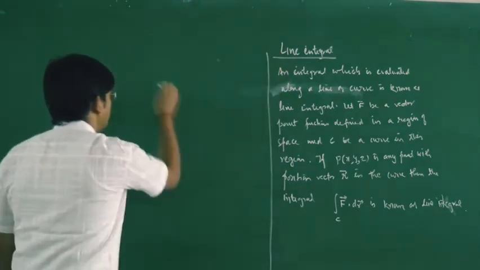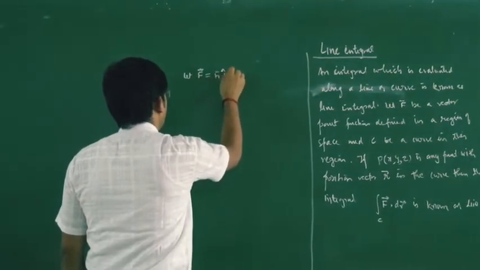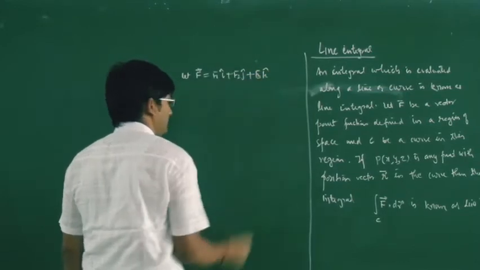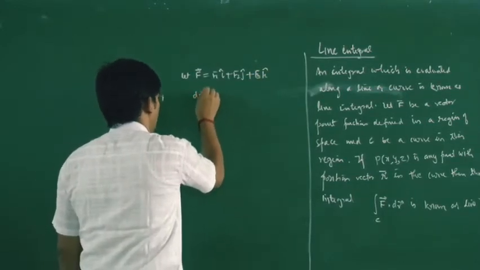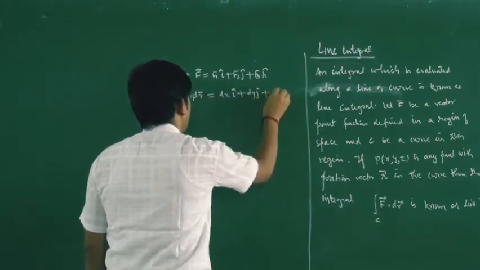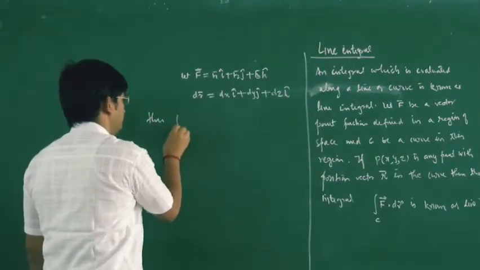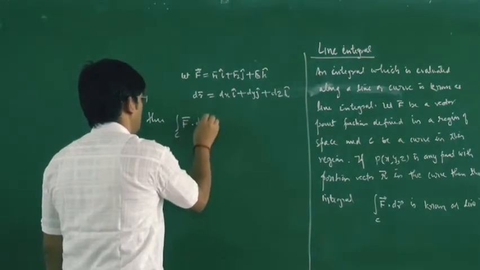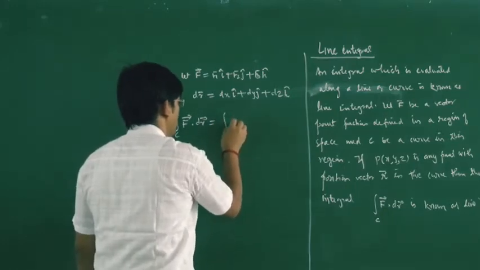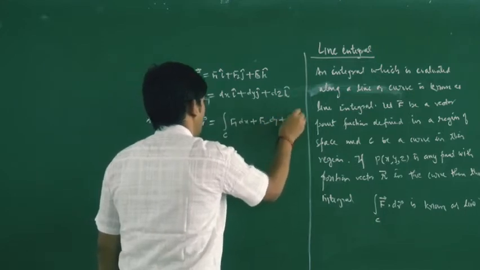Now suppose that f equals f1 i plus f2 j plus f3 k, and dr will be dx i plus dy j plus dz k. Then f dot dr will be the integral over C of f1 dx plus f2 dy plus f3 dz.